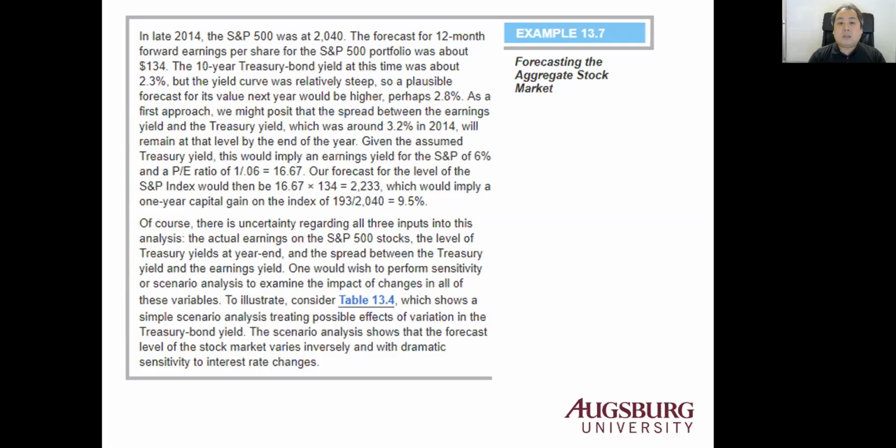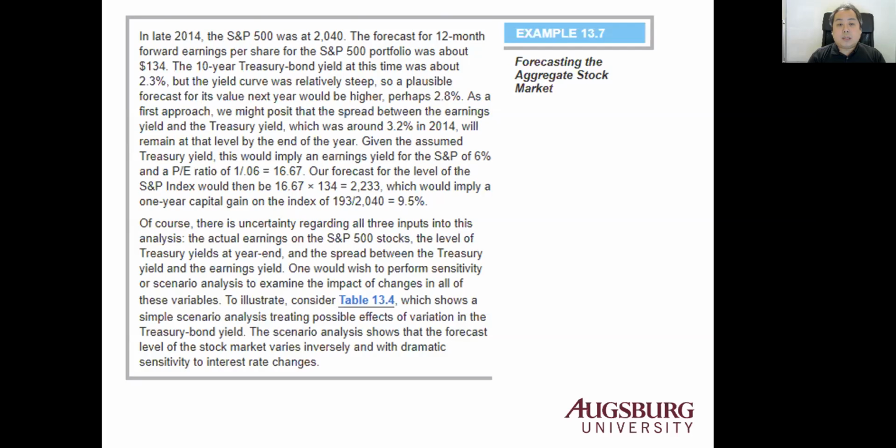The 10-year Treasury bond yield, which is usually used as a risk-free rate, was at this time about 2.3%, but the yield curve is relatively steep. So a plausible forecast for its value next year will be higher, perhaps 2.8%. As a first approach, we might posit that the spread between the earnings yield and the Treasury yield, which was around 3.2% in 2014, will remain at the same level by the end of the year, just as an assumption.